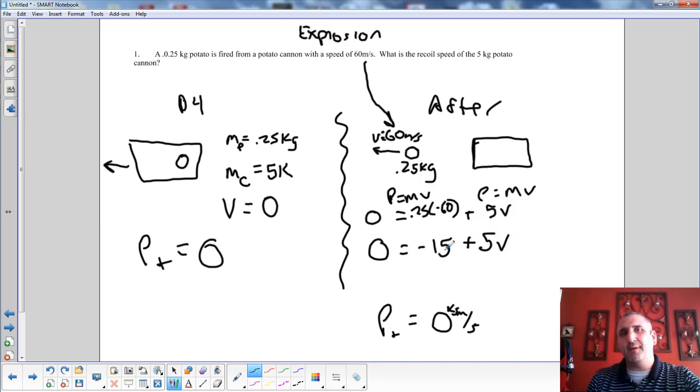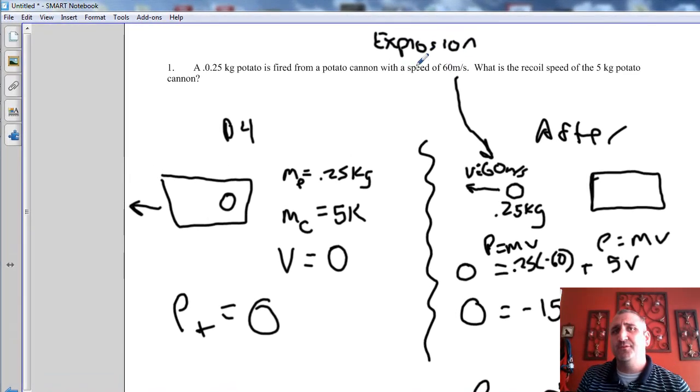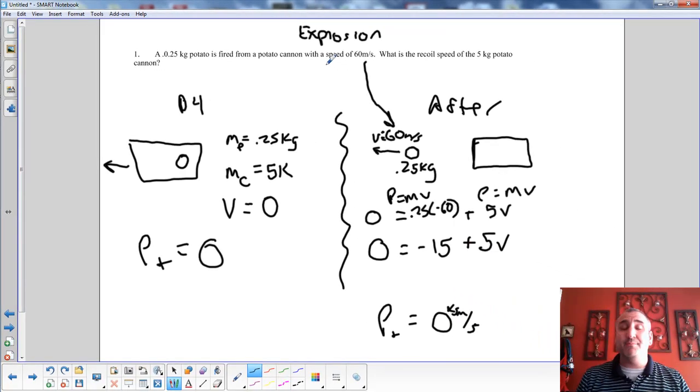Now here's what I want you to remember. In the problem it says 60, but it actually says speed, so I don't really tell you which direction it's going. It could be positive 60 meters per second, it could be negative 60 meters per second, but you guys need to make that decision. But it doesn't really matter, as long as you keep track of what your positives and negatives are. Because now I'm saying, okay, I've got a negative momentum for the potato, so that means I'm going to have to have a positive momentum for the potato cannon.